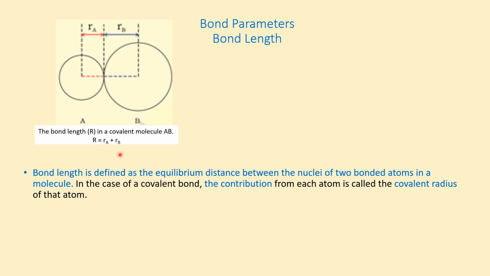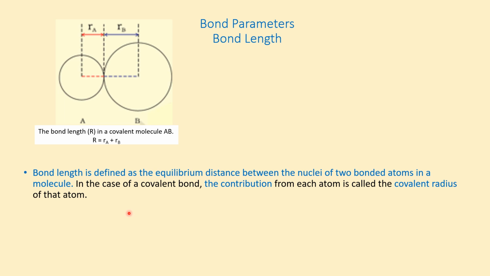In the case of a covalent bond, the contribution from each atom is called the covalent radius of that atom. Bond lengths are measured by spectroscopic, X-ray diffraction and electron diffraction techniques, about which you are going to study in your future classes.